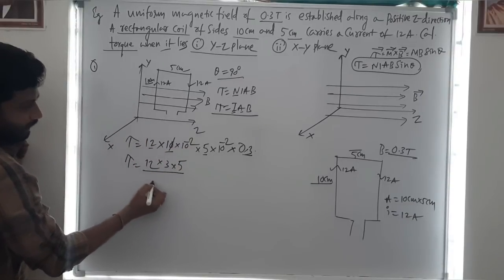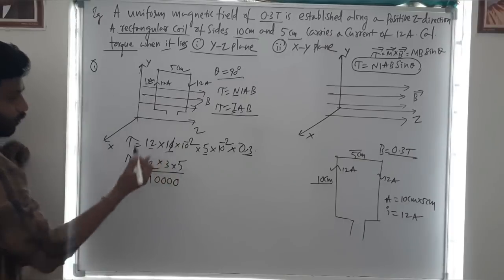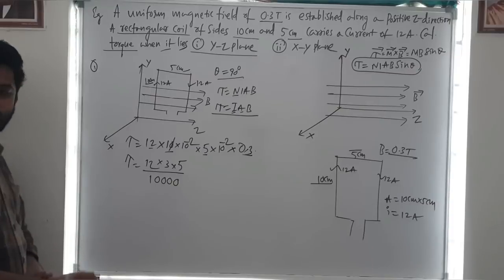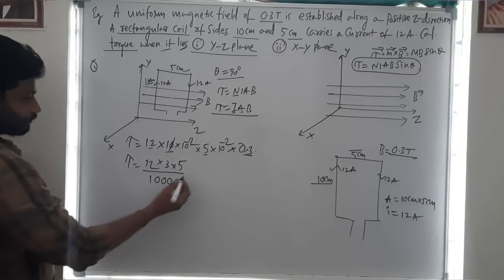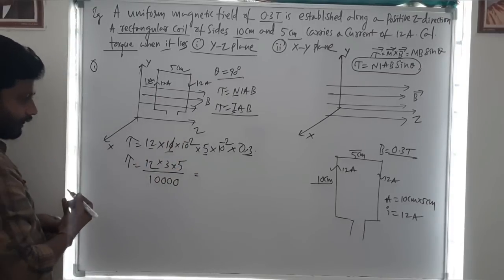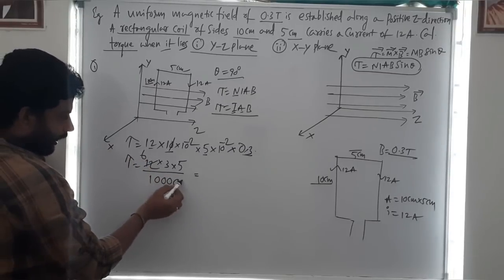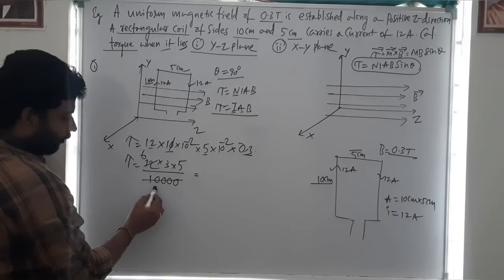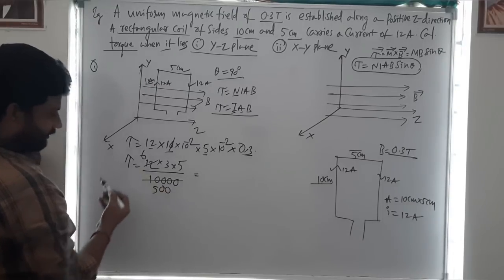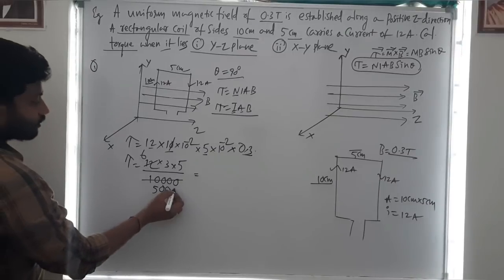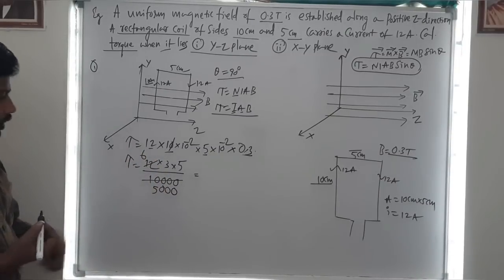When it comes to the denominator, it will be 1 followed by 4 zeros, 10 raised to 4. Now listen carefully. 2 sixes are 12, and 2 fives are 10,000.